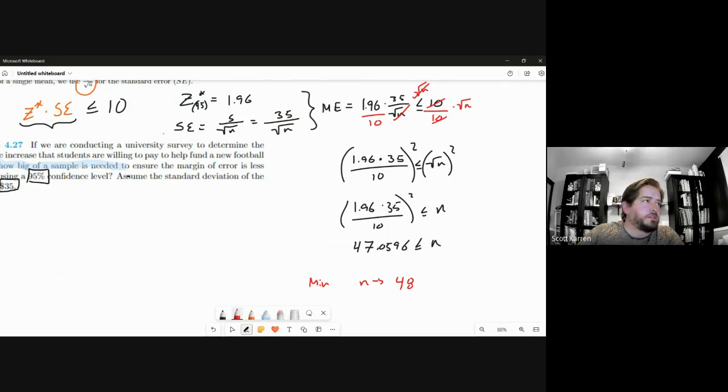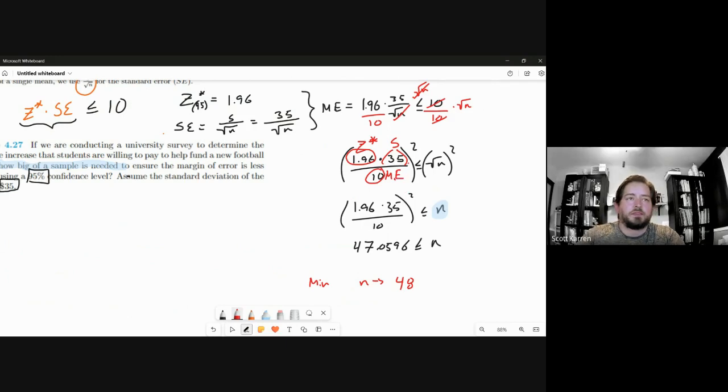But you can see the same calculations. You can do this 100 times, and what you're going to get is this N on one side, this was Z-star, this was S, and this was the margin of error.